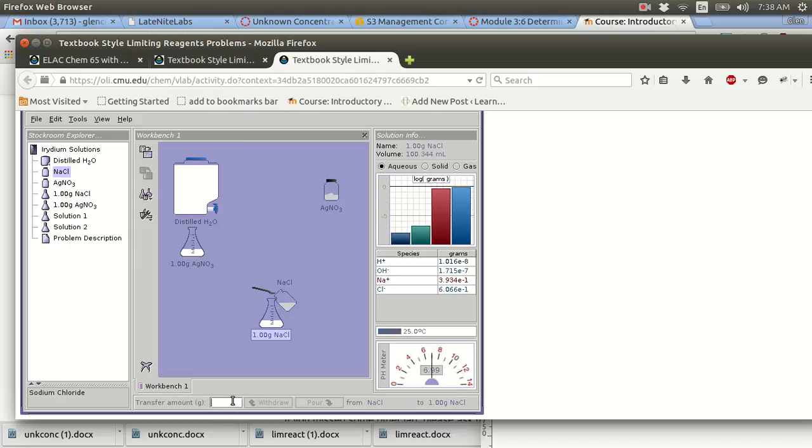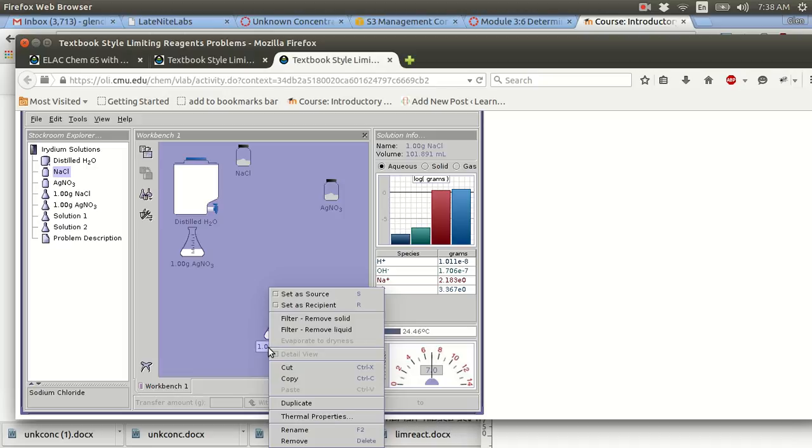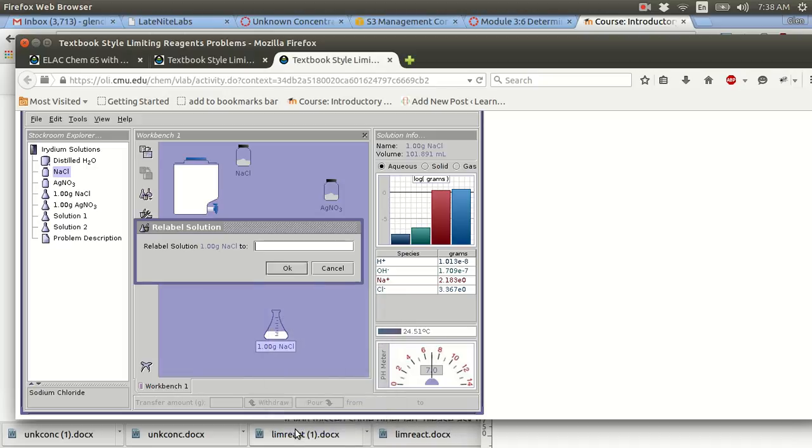I'm only doing this to make my work different from your work. Okay. You can see I'm adding 4.55 grams here so that the total grams of sodium chloride will be 5.55. Okay, so this is now 5.55, so I'm going to rename this.